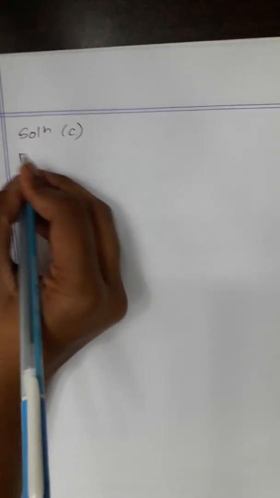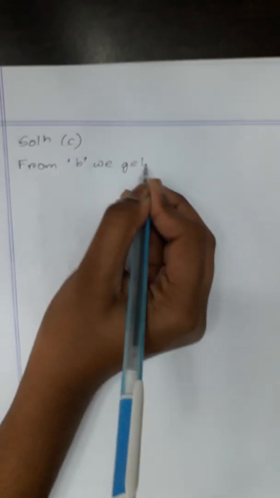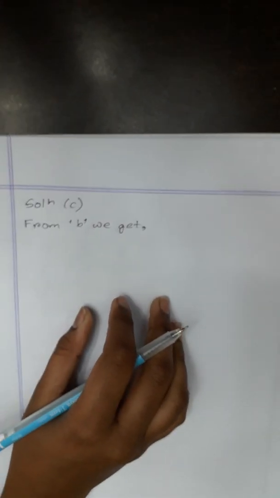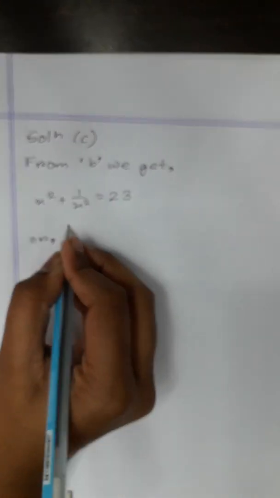From B we have to write the value of this in this math. x squared plus 1/x squared is equal to 23.